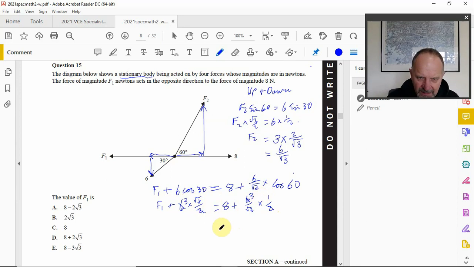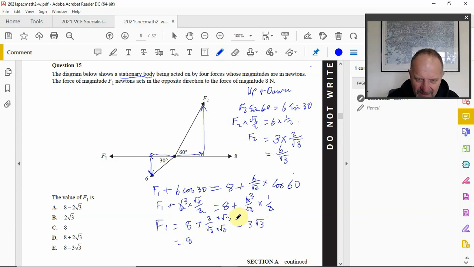All right, so then what do we got? We've got that F1 equals 8 plus 3 on root 3, and I need to rationalise that now, minus this stuff here, which is 3 root 3.